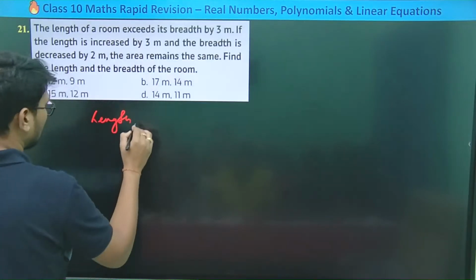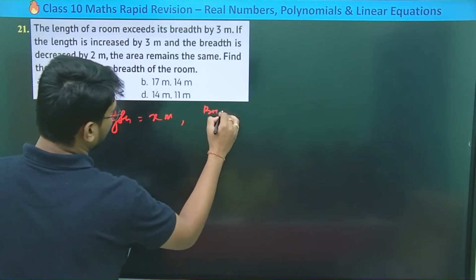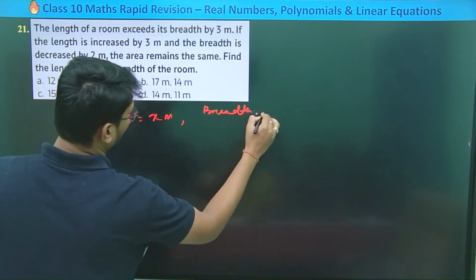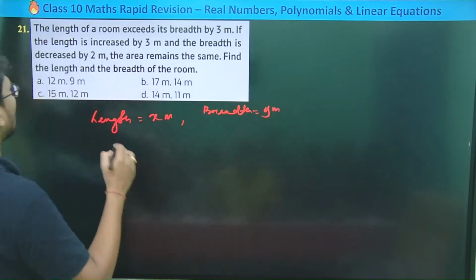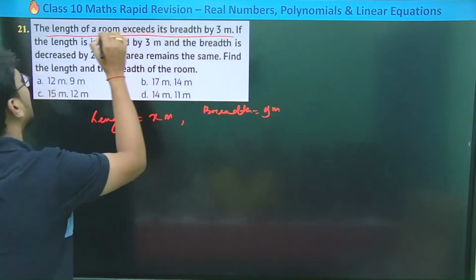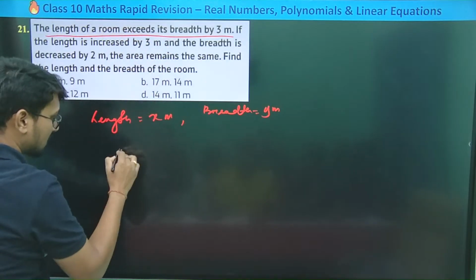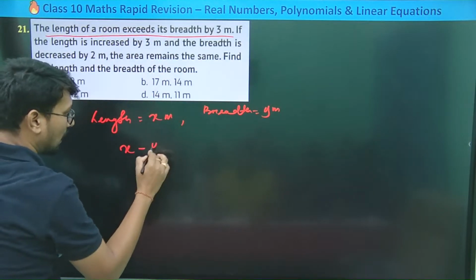Length कितना है? Breadth कितना है? y meter. According to the first statement, the length of the room, length मतलब l, l मतलब x. x minus y equals to 3.